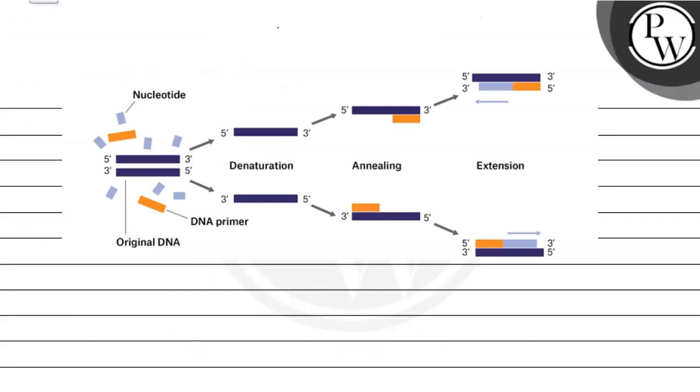Now, if we go through the basic steps of polymerase chain reaction, then firstly in the PCR machine, the original DNA whose copies we want to make is added along with a DNA primer, which is particularly designed for this template DNA, and certain nucleotide bases are added in the sample. Along with that, a very specific enzyme, which is known as Taq polymerase, is added along with it.